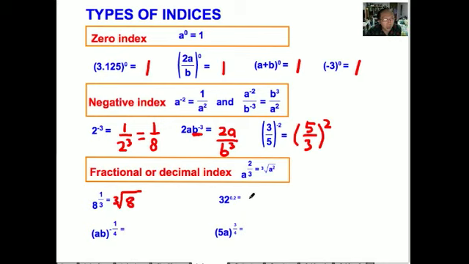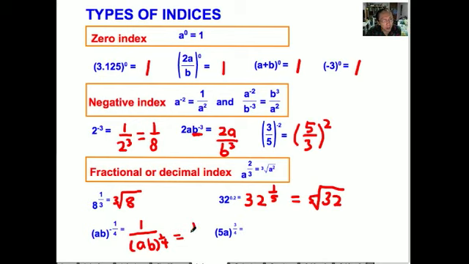In the second example, we have a decimal index which can be converted to a fraction, 1/5. Thus, this is simply the 5th root of 32. And for the negative index here, we have 1 over AB to the power of 1/4.